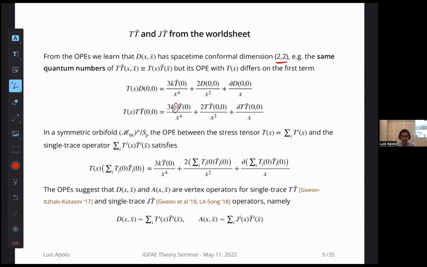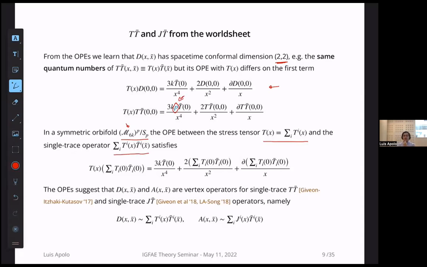So this may have something to do with the structure of the symmetric orbifold. And that's indeed the case. So what you can do is take the symmetric orbifold here, and note that I don't need to specify what the seed theory is. You just take any symmetric orbifold, and you compute the OPE of the stress tensor with the single-trace version of the TT-bar operator. And the OPE that you get is exactly the same that we found for the D operator here. Okay, so this factor of p is what distinguishes double- versus single-trace versions of TT-bar.